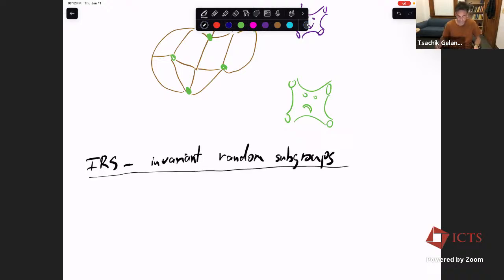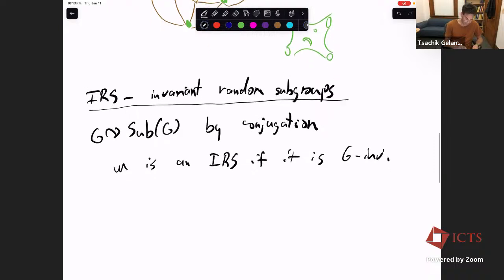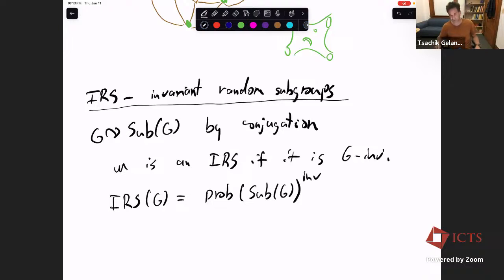They're not finitely supported, but G acts on the space of closed subgroups by conjugation, and a probability measure mu is an IRS if it is G-invariant. So the space of IRS of G is the probability measures on Sub G which are invariant under conjugation, and a lot of attention was given to that space.